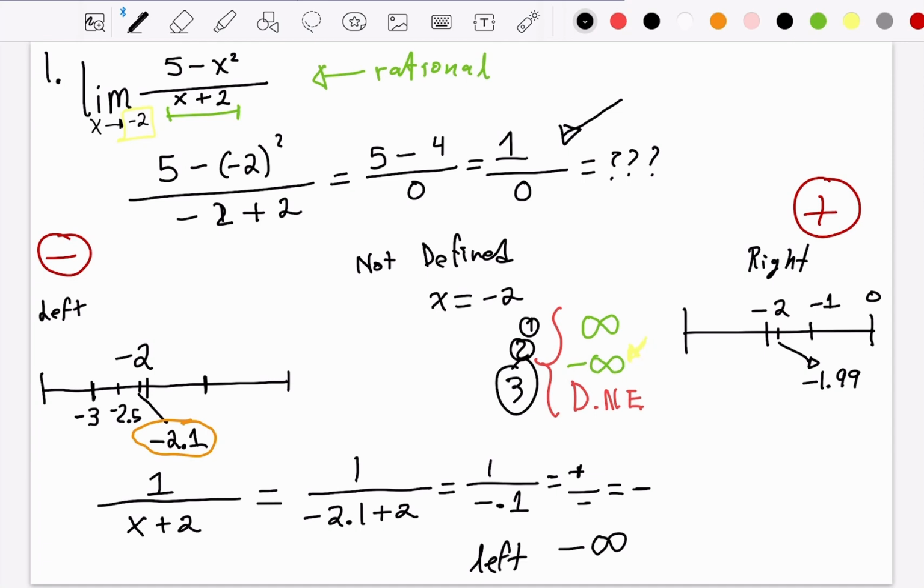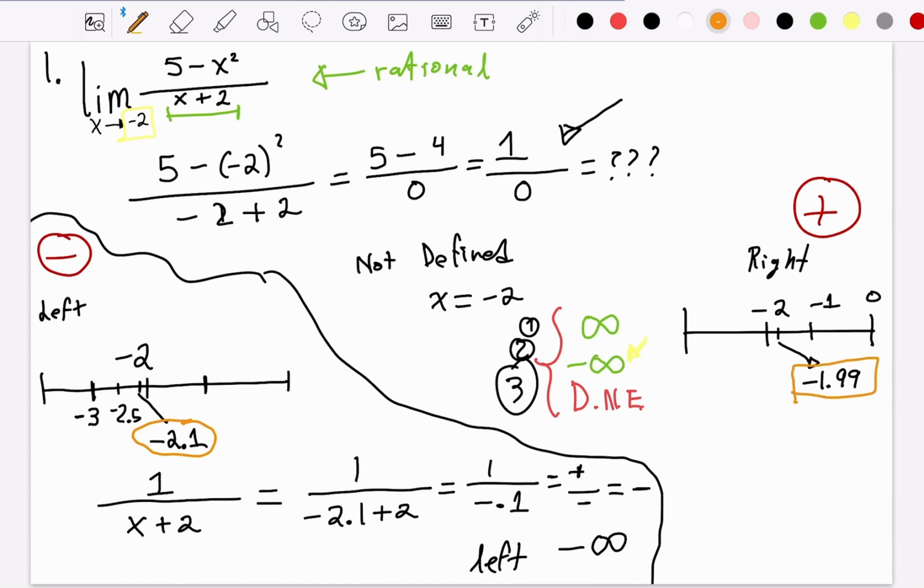Now, from the right side, what I have to do is pretty much the same I did here. I have to pick a number, in which case I chose -1.99, which is to the right of my -2.